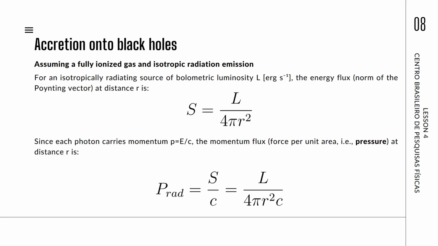If we divide S by c, we will have energy per second become momentum per second. Momentum per second, what is it? Force. Derivative of momentum. So you have force, and force over area, force per area is pressure. So the radiation pressure can be written as S over c, which is this final expression there.